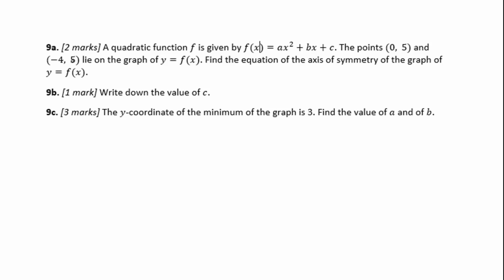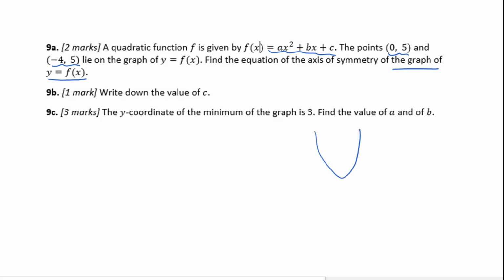A quadratic function f is given by this. The points (0, 5) and (negative 4, 5) lie on the graph of y equals f of x. Find the equation of the axis of symmetry of the graph y equals f of x.